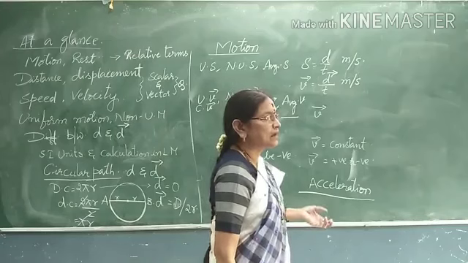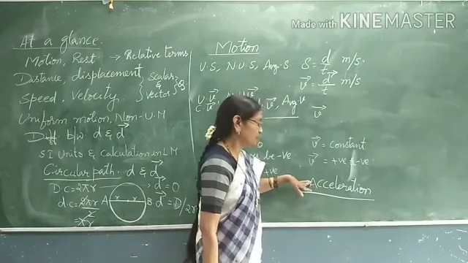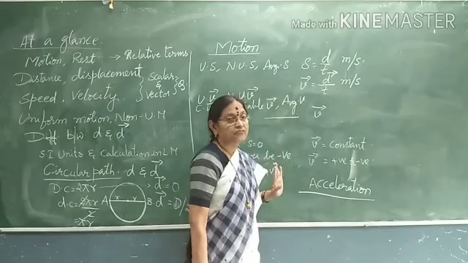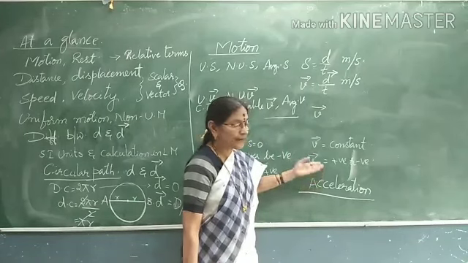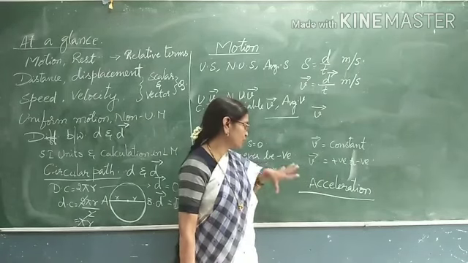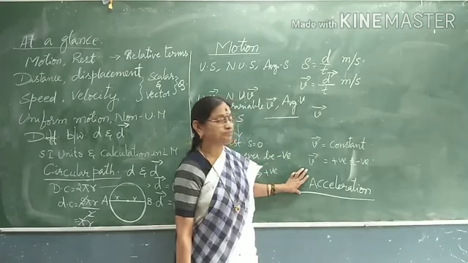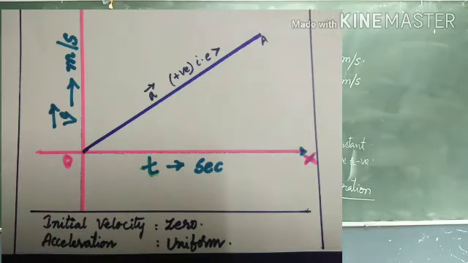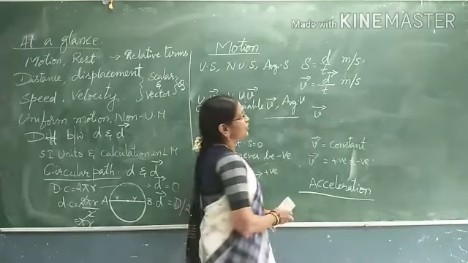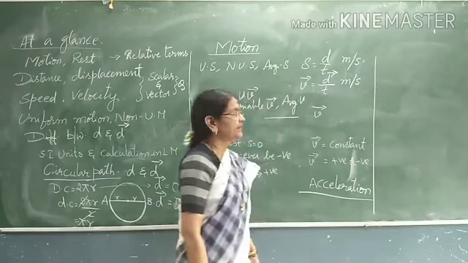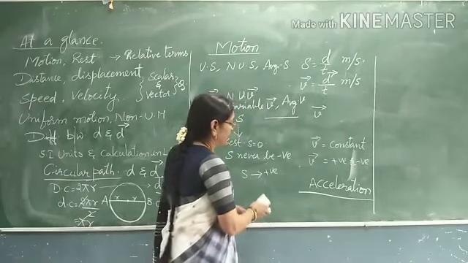So acceleration may also be zero, negative and positive. When acceleration is zero, when it is positive, when it is negative, we will discuss. First of all, what is acceleration? When a body is moving with increasing speed, its velocity is going on increasing, then we are using another term. So, what is acceleration and how will it be designated? That we will be learning.